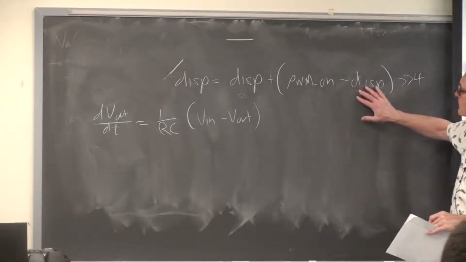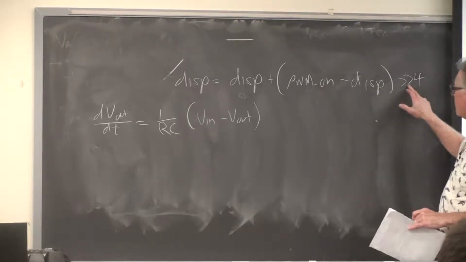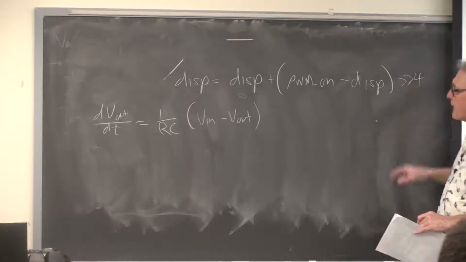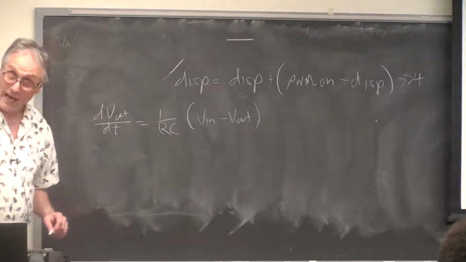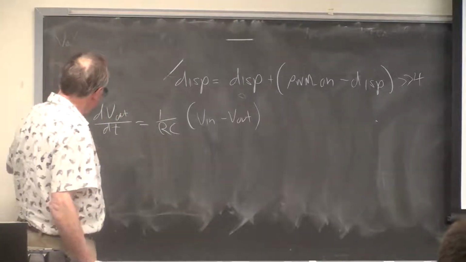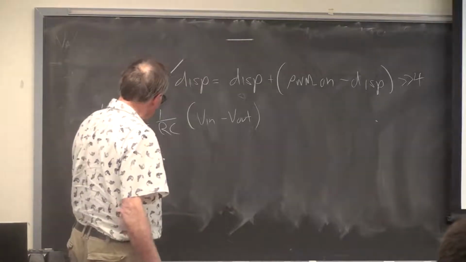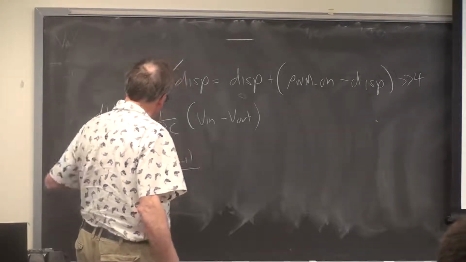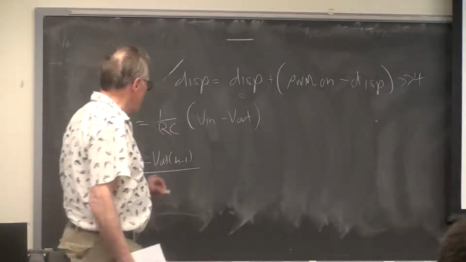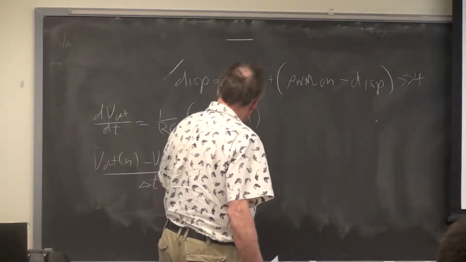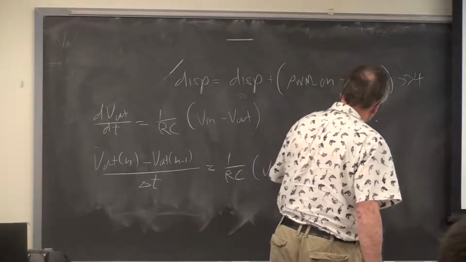And now they're almost looking similar. There's that difference term, and there's some reciprocal term here because we're dividing. So all we need to do is one more operation, and that is to discretize this and say that we have V out at time n minus V out at time n minus 1 over delta t, the Euler approximation of the first derivative, is equal to 1 over RC times V in at time n minus V out at time n minus 1.